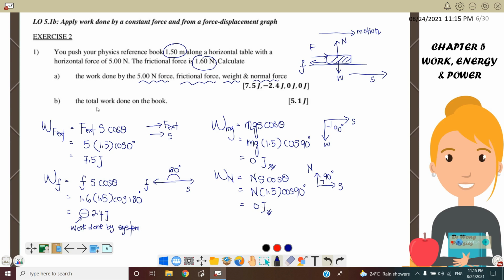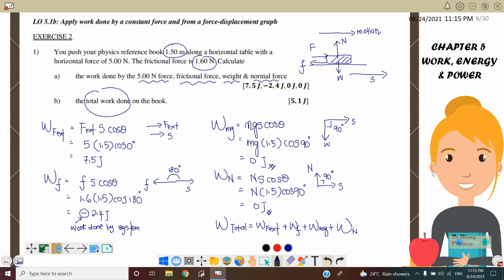Next one, part B. They ask you to find the total work done. So of course, we must total up all the work done, including the external force, frictional force, normal force, and also the weight. So the total work done, we add the work done from the external force just now, the pushing force, plus the frictional force, plus the weight, and also the normal force.